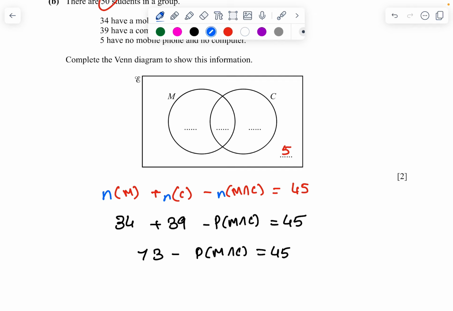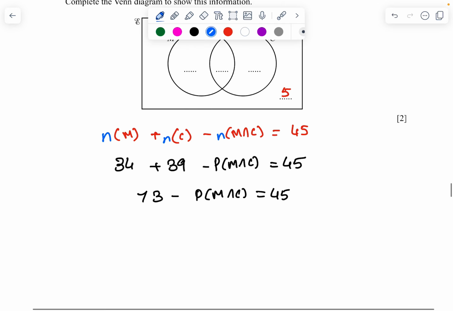So number of M plus number of C minus N of M intersection C should be equal to 45. From there, I will be finding N of M intersection C. Add them and get the final answer, which is 73 minus N of M intersection C equals 45.